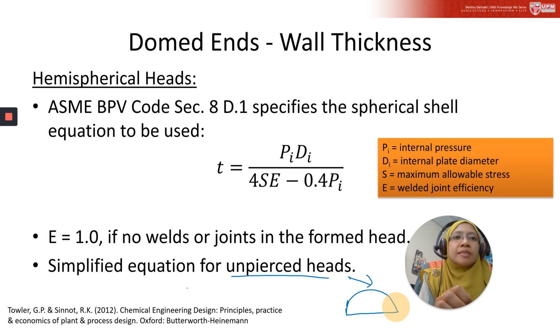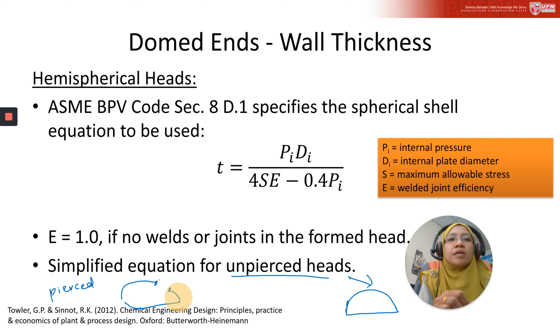And let's say you have a pierced head, you might have closures for a manway, or sometimes a closure for inserting a probe, or sometimes for the rod for the impeller. So this is categorized as pierced.